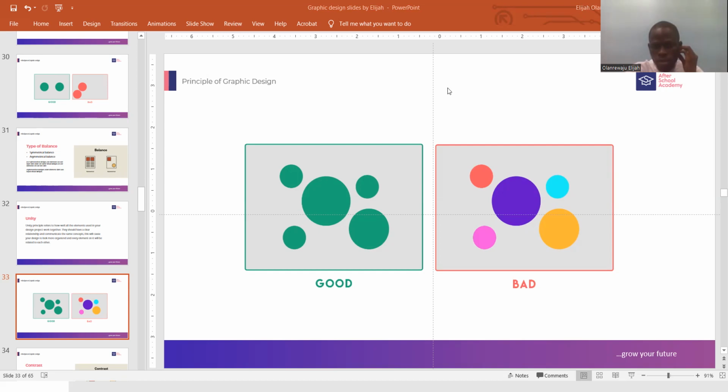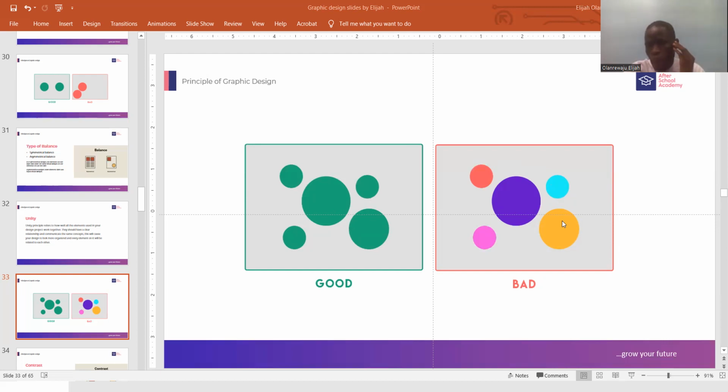I said the only thing you pointed out from this other, the bad one, is the color. Yes, it's the color, because if you look at the first one now, it is the same shape, the same position and all, right? But you look at this one now, they don't unite based on color. It means that if you are going to have something that unites, the elements must agree together.